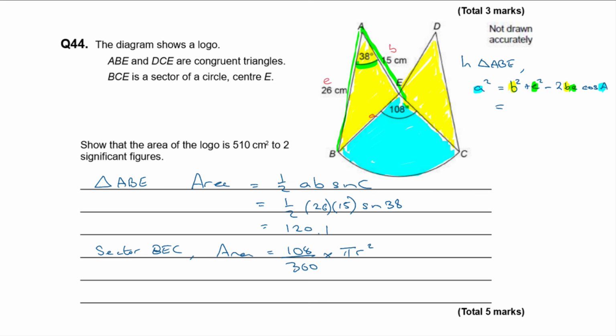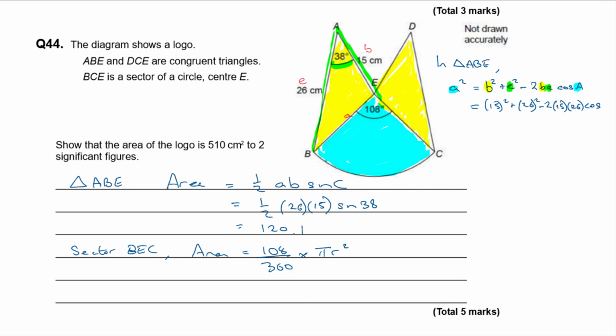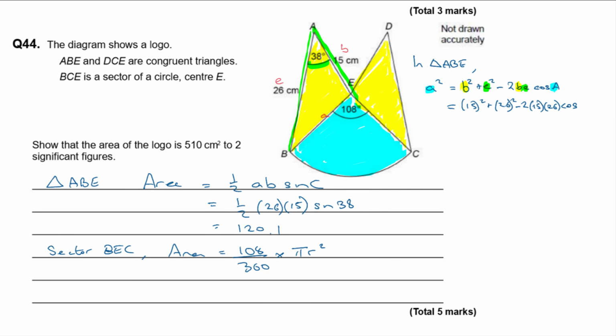So then subbing in carefully, b is 15, 15 squared, e is 26, 26 squared, minus 2 lots of 15, lots of 26, and then cos of the angle, which is 38 degrees. That's what we need to type into the calculator, very carefully. I'm going to press the square root this time, so I don't have to faff around in between.